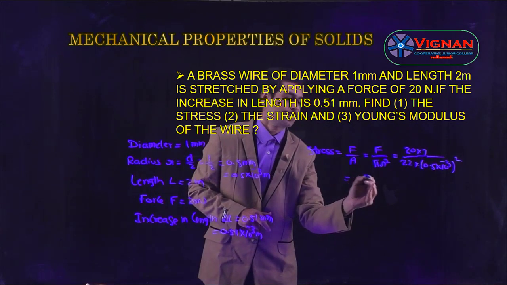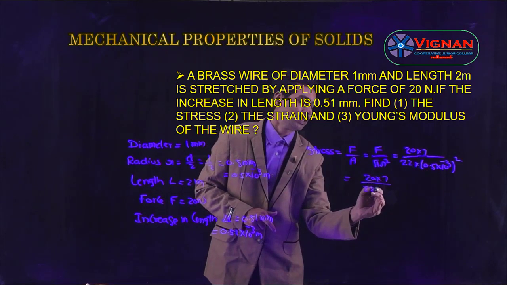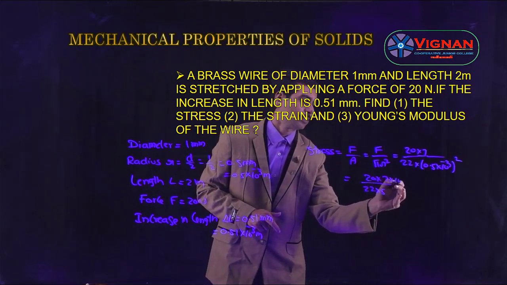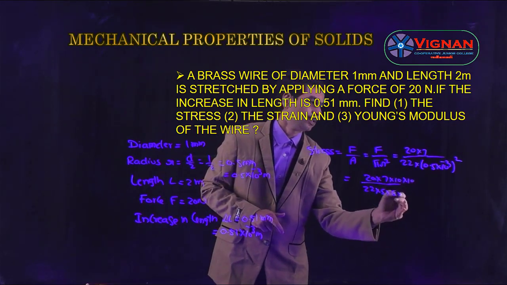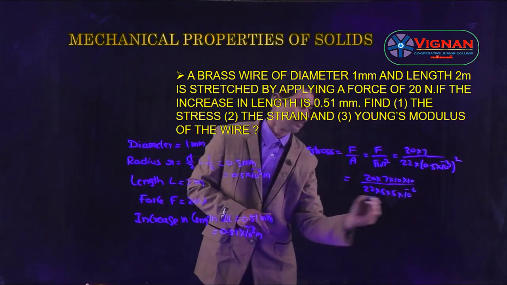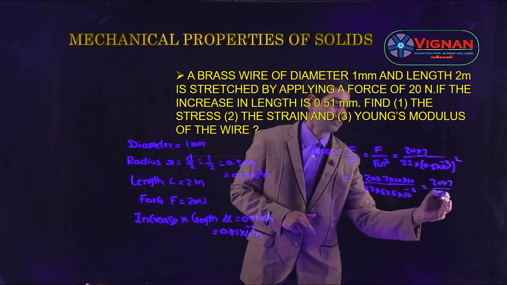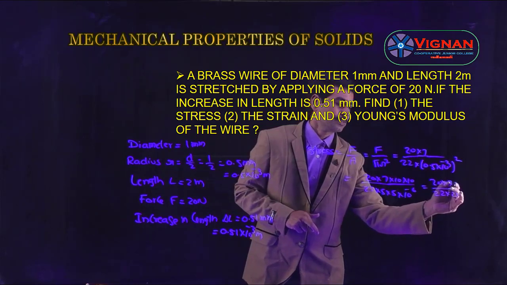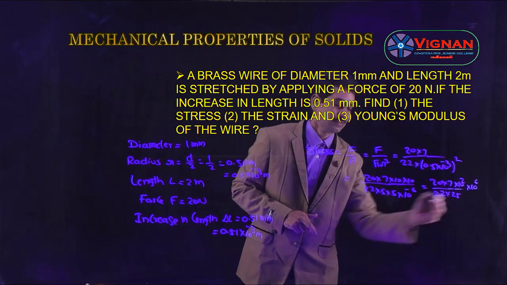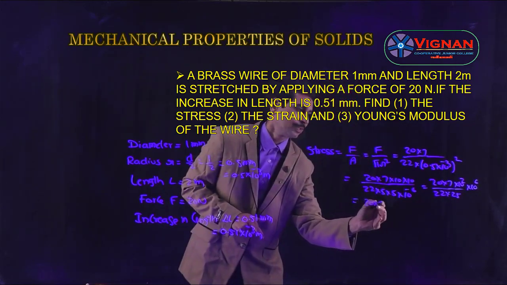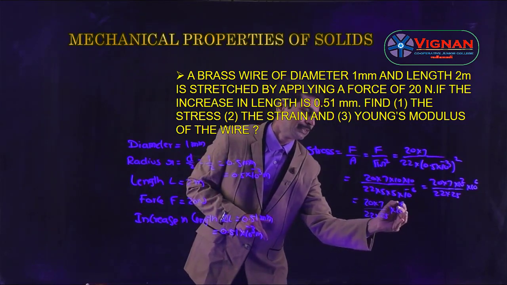So this is equal to 20 into 7 by 22. 5 can be written as 5 by 10, so 5 into 10 in the numerator, into 5, into 10 power minus 6. So this is equal to 20 into 7 divided by 22 into 25, into 10 square into 10 power 6, which is 20 into 7 by 22 into 25 into 10 power 8.